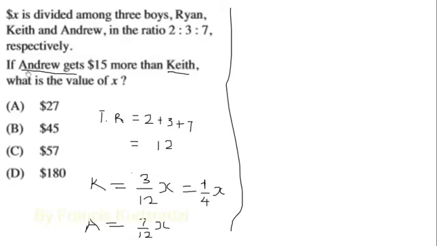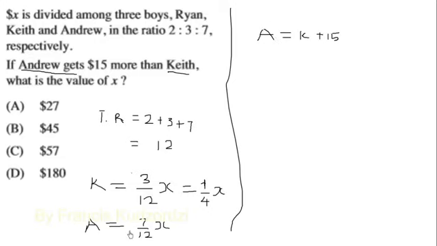And we're told that Andrew gets 15 more than Kate, meaning that if you add 15 to Kate's share, you get that of Andrew.